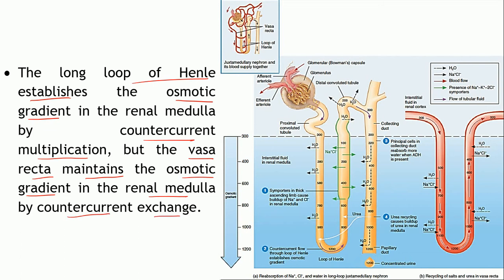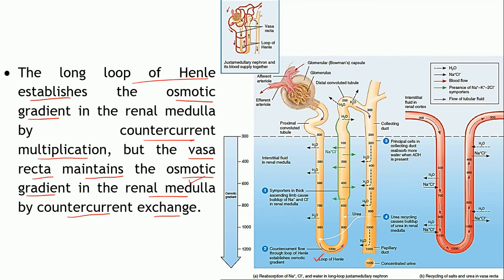So the one countercurrent flow is building up the osmotic gradient, which makes it possible for the reabsorption of various substances as the fluid is traveling along these tubules. And the other one, that is countercurrent exchange, helps in maintaining the osmotic gradient in the medulla.